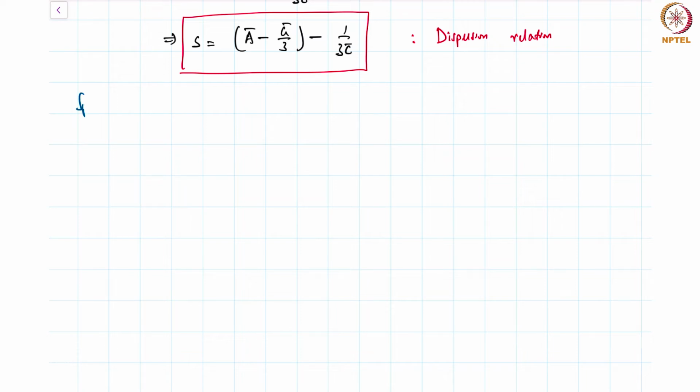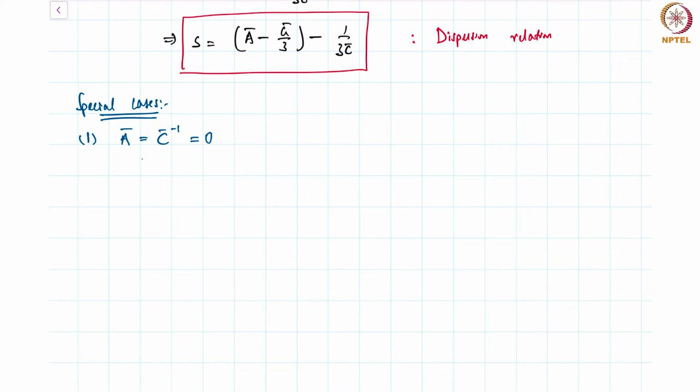Let's start with some simple special cases. The first special case that I'll consider is A bar and 1 by C bar are 0. So A bar is 0, which means that there is no van der Waals force. If I say 1 by C bar is 0, it means that there is no surface tension force.